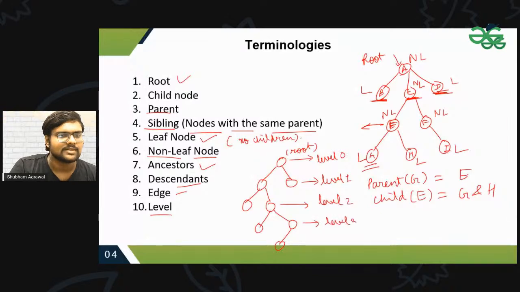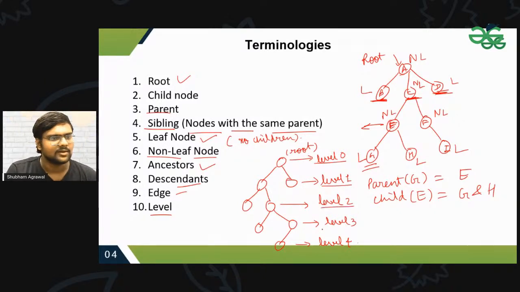So the root node is at the 0th level, and after the root node we have the internal nodes which are at level 1, 2, 3, and 4 respectively. So this is about levels. In a tree, the root node is at level 0.